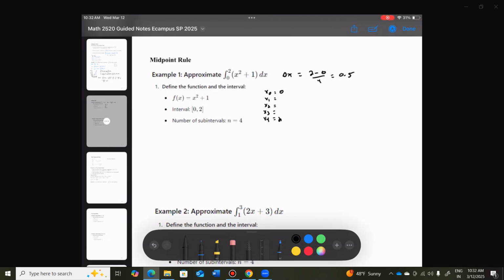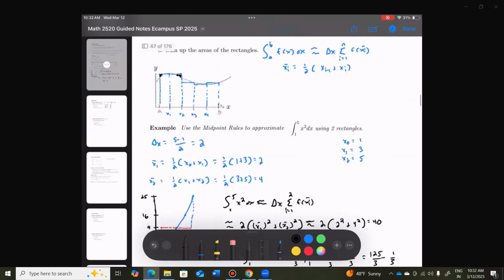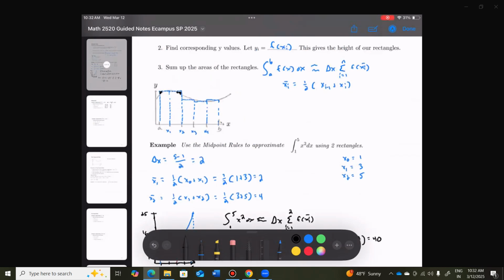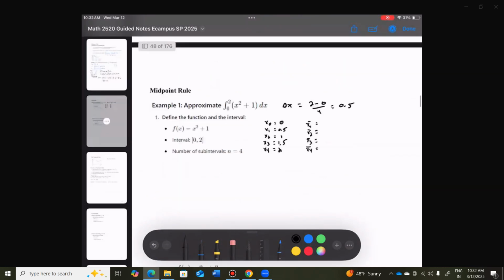And we have to space this out by 0.5, so 0.5, 1, and 1.5. Alright. And so now we look at x sub 1 bar, x sub 2 bar, x sub 3 bar, and x sub 4 bar. Remember, these x sub bars are basically the average of each pair of endpoints.